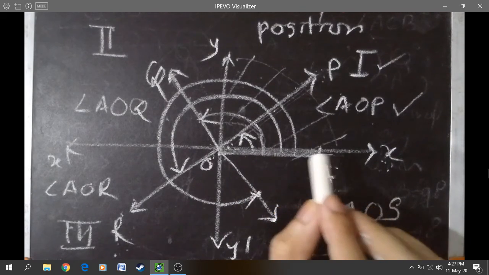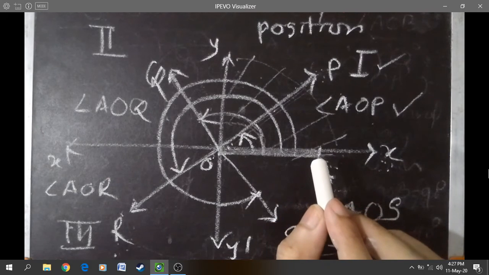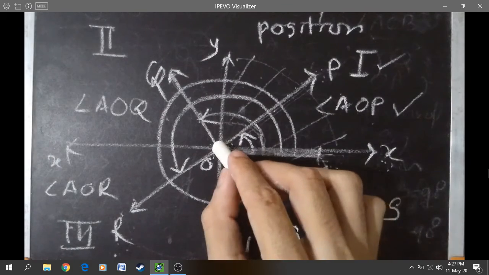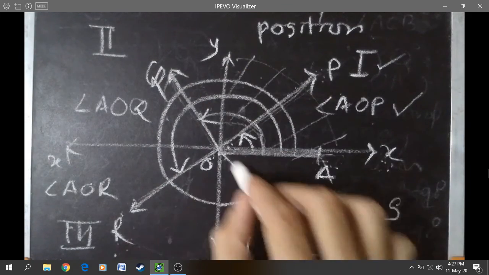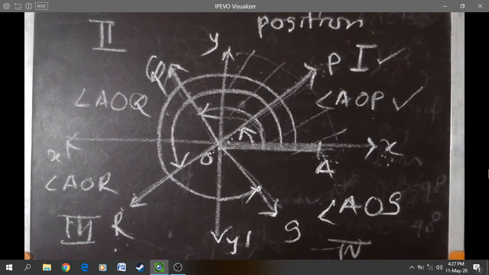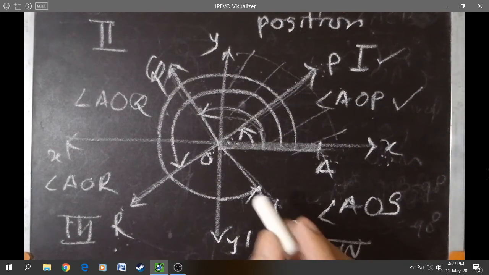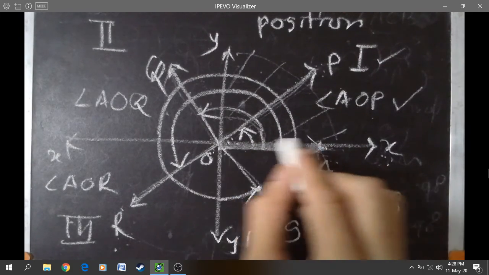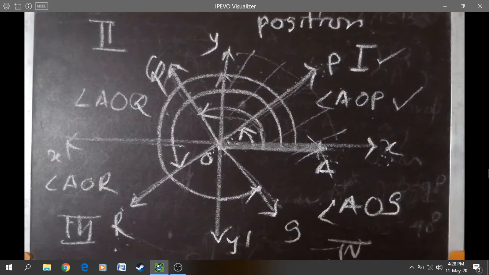But terminal rays could lie in any of the quadrants, and in some cases the terminal ray lies on the x-axis or y-axis, meaning this one or this one or this one, right? They are called quadrantal angles, right? So what are the quadrantal angles here?